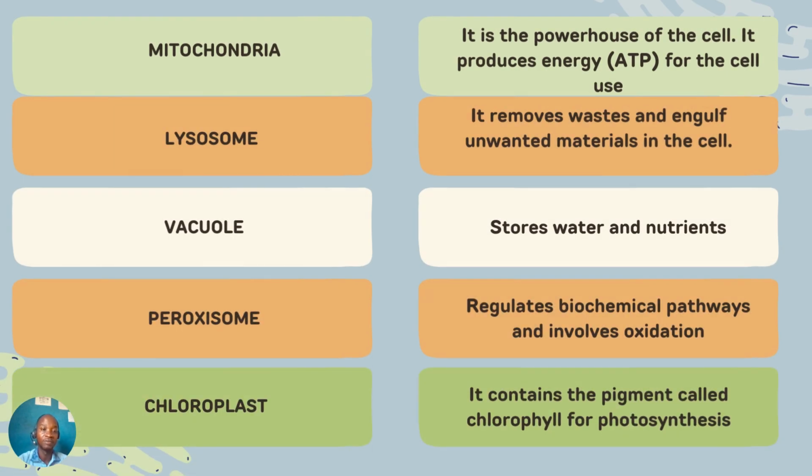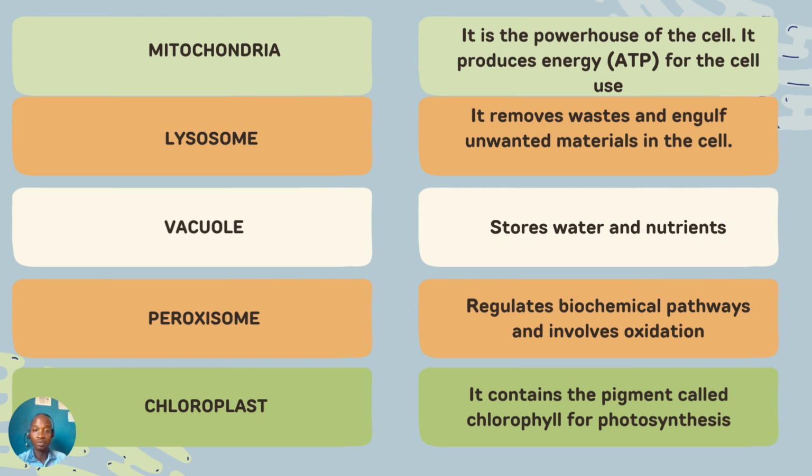Now, the next set of organelles starts with the mitochondria. This mitochondria is the powerhouse of the cell. It produces the ATP. The glucose you take is eventually split down during glycolysis and Krebs cycle into ATP for the cell's use. Okay, the lysosome is like the sanitation officer of the cell.